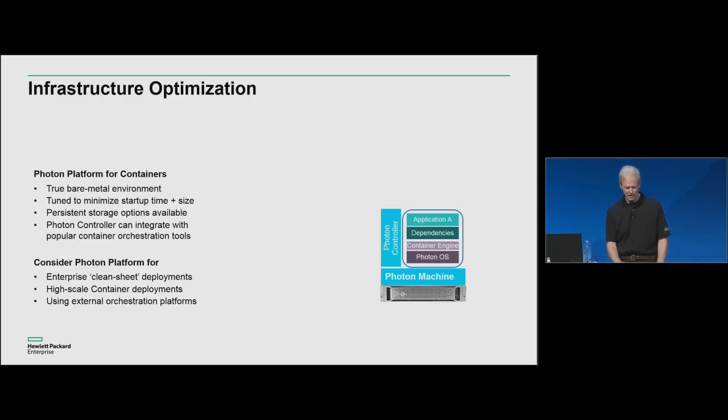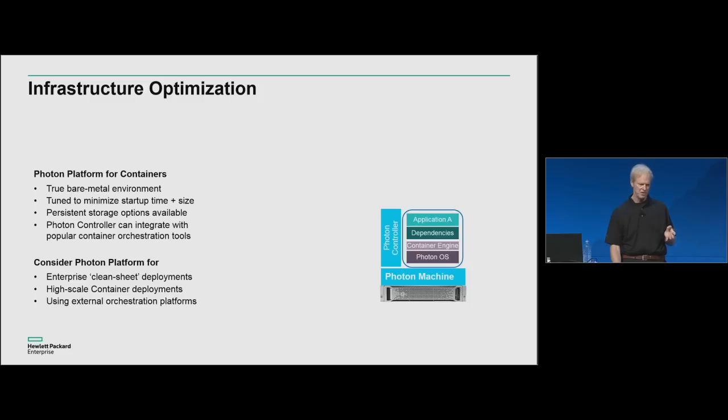Now let's look at a couple of customer examples. So this is the classic infrastructure optimization example, use of containers. Typically, enterprise clean sheet deployments, if you're going to completely re-implement some part of your IT infrastructure and you don't particularly care about the legacy elements that you have, then you would use bare metal.